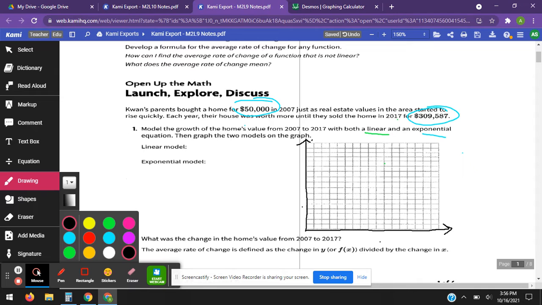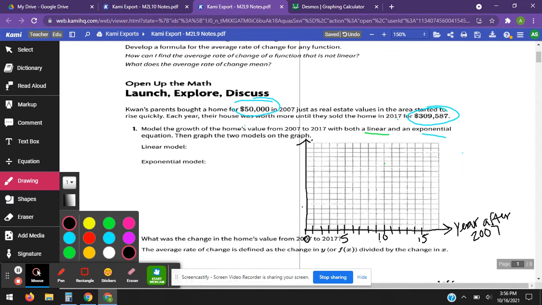And instead of going by 2007, 2008, 2009, I'm going to go year after 2007. So 2007 is going to be my year 0. And then I'm going to have 1, 2, 3, 4, 5, 6, 7, 8, 9, 10, 11, 12, 13, 14. I don't need a whole bunch from there.